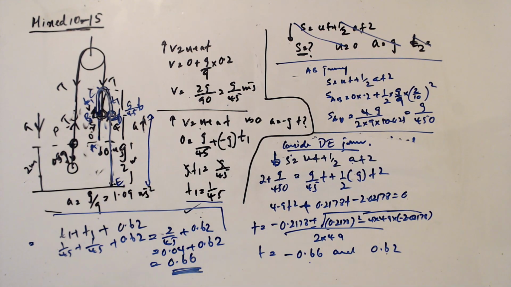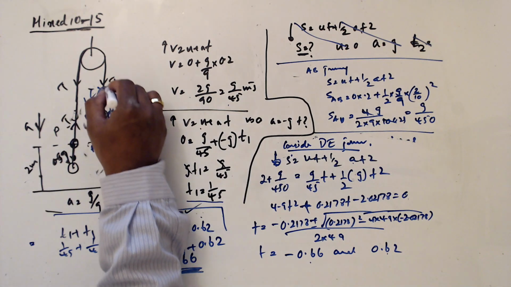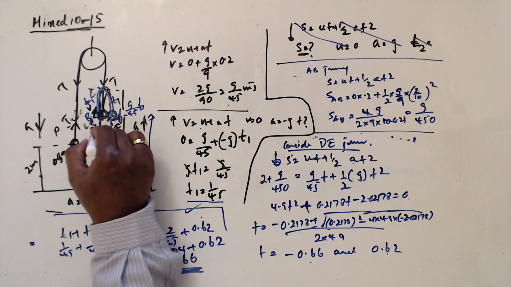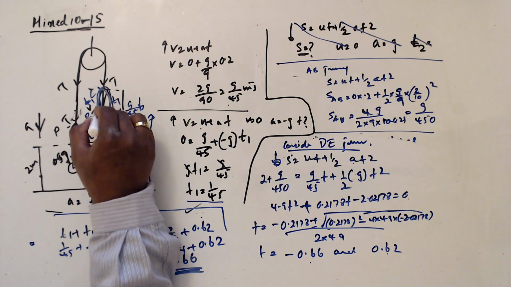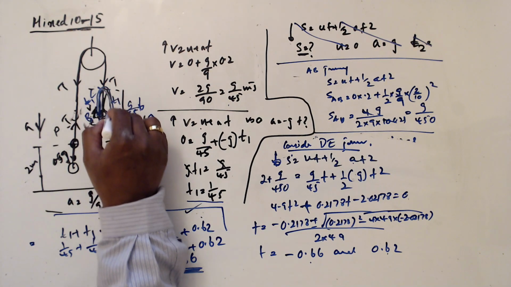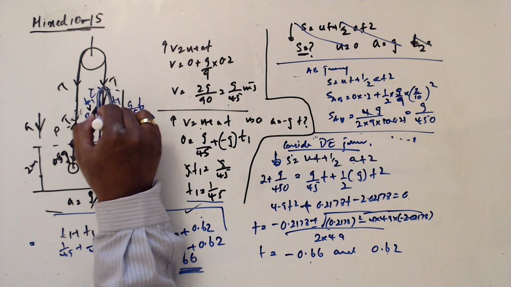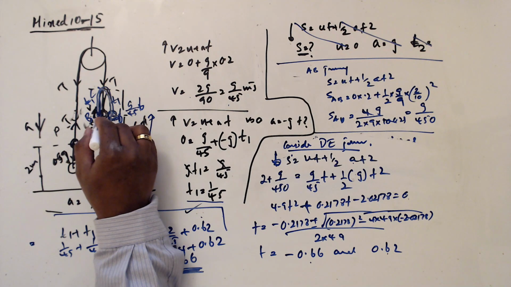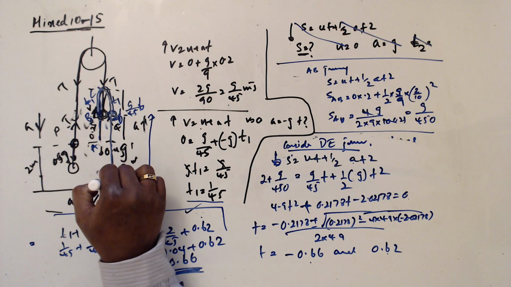If I summarize, we'll find the further time that elapses until Q hits. From here to here it will travel 0.2 seconds, and then the string breaks, and then it is under gravitational acceleration. The motion is under gravity, so it will move up to here and stop and then come back down to here.